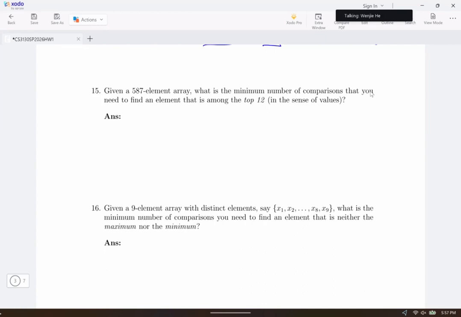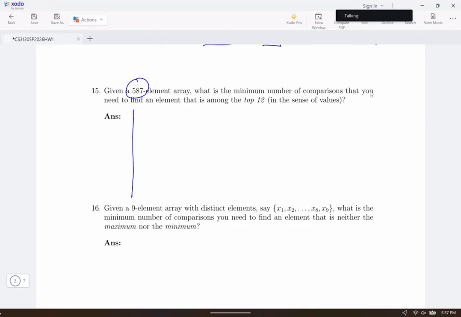I still draw a diagram, so we try to understand the idea from this diagram. This number is actually not that important. It's just big enough. If the number is big enough, that specific number is not that important in this question.